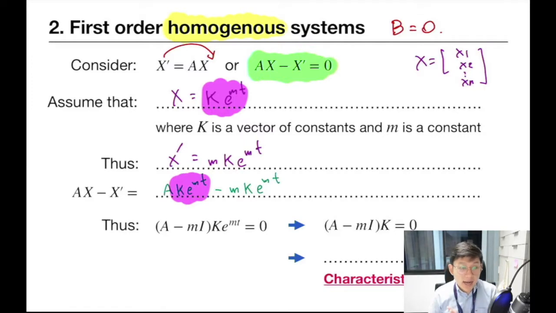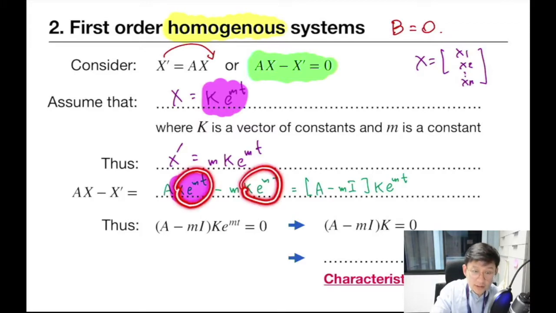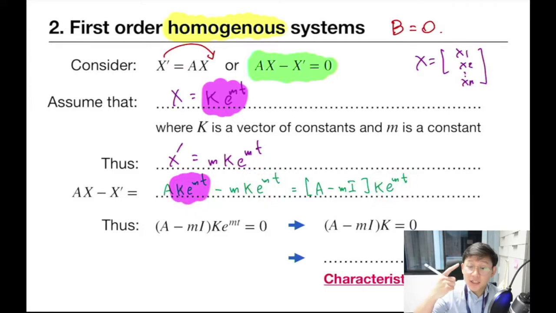And then I pull K e to the mt out, so I get (A minus mI) K e to the mt. Don't forget, if we pull these out, we get this term. But m is just a constant. It's a number, like 1, 2, 3, 4, 5. But A here is a matrix.